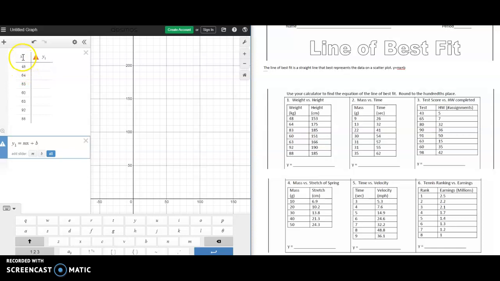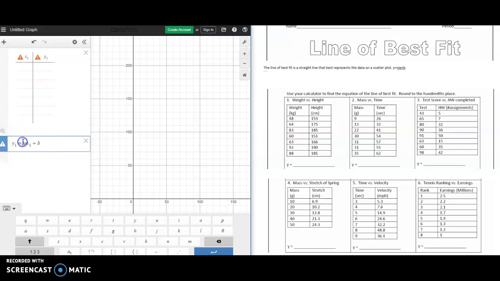And this x also has a little 1 right there. So I need to put a 1 on this x so that it understands that I'm using those coordinates. Oh no, what happened to my data? So we're going to click x and then subscript 1. There we go. My data is disappearing, but just ignore it for now. So we got y1 equals mx plus b.